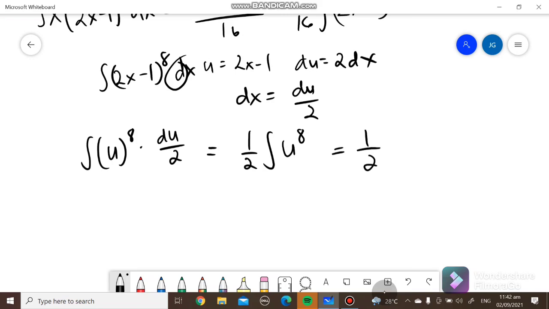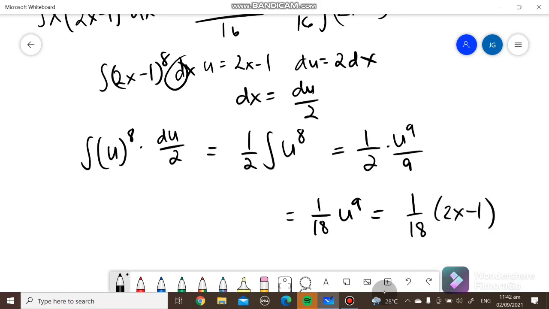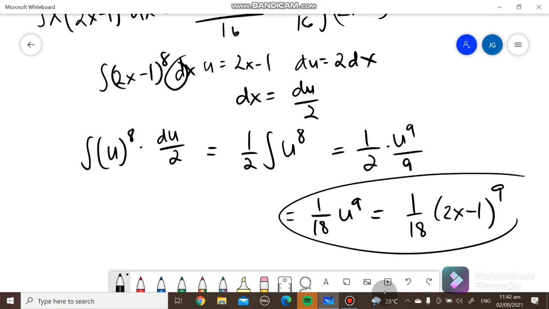So, we will have 1/2 u raised to 9 all over 9. So, we will have 1 over 18 u raised to 9. The value of our u is 2x minus 1. So, we will have 1 over 18 pala. The value of u, which is 2x minus 1 raised to 9. So, that's our answer.